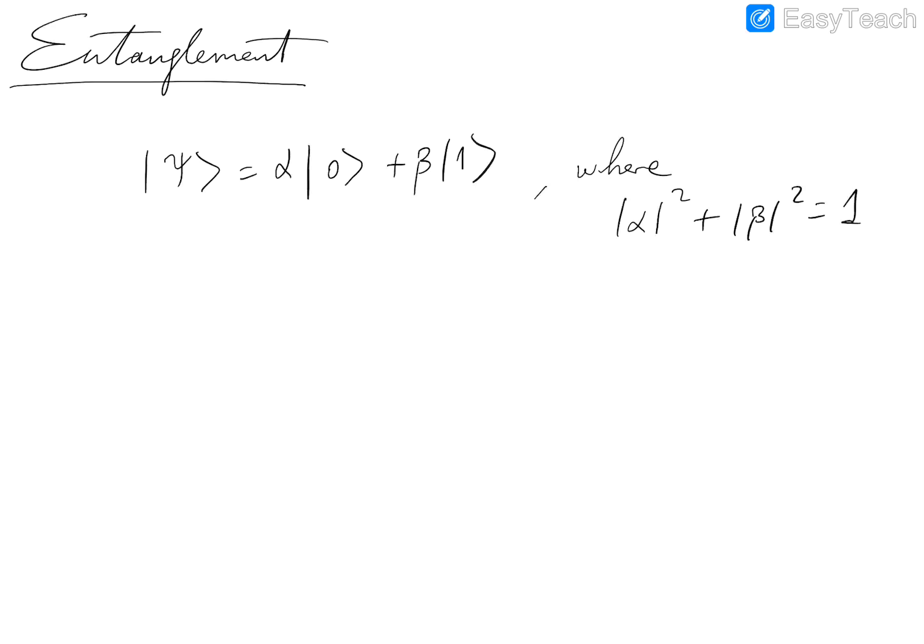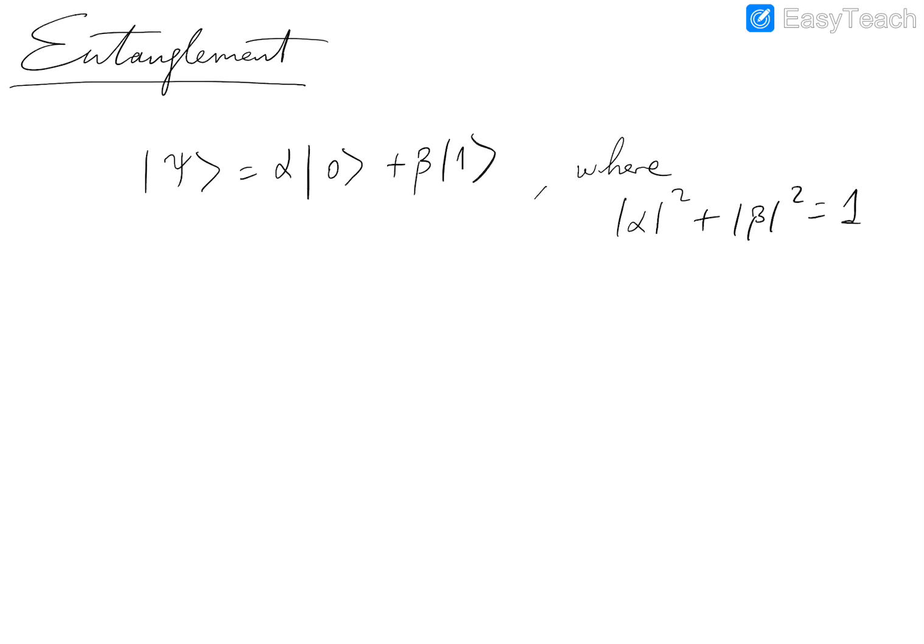So entanglement is a property of multiple qubit systems. Okay, we can't have any entangled system for a single qubit. It's a property of multiple qubit systems: 2 qubits, 4 qubits, and so on.